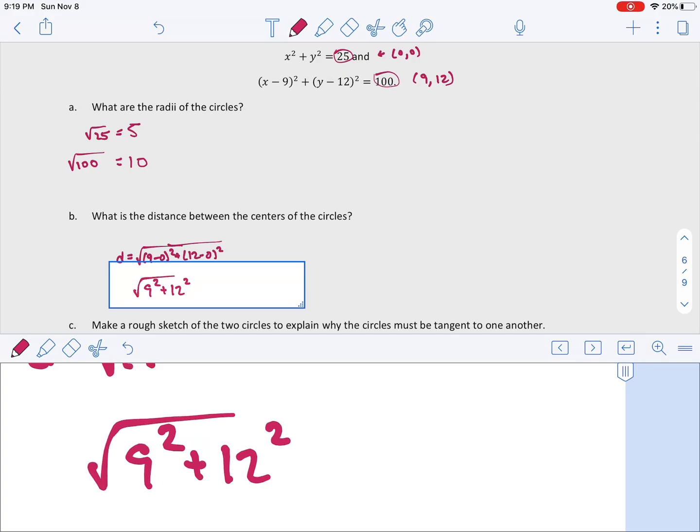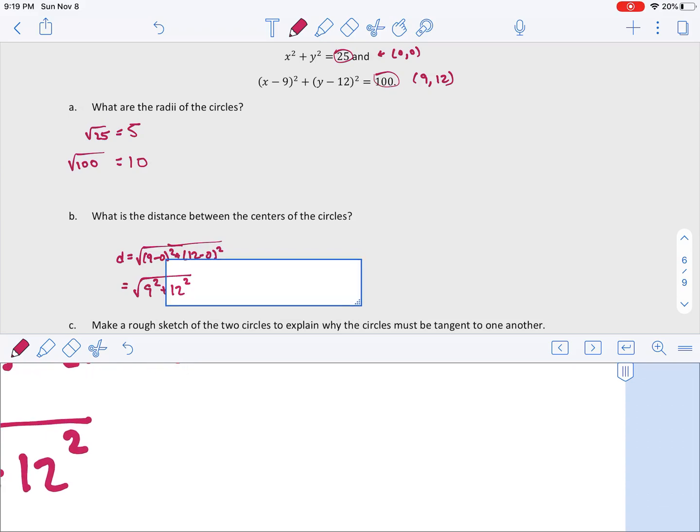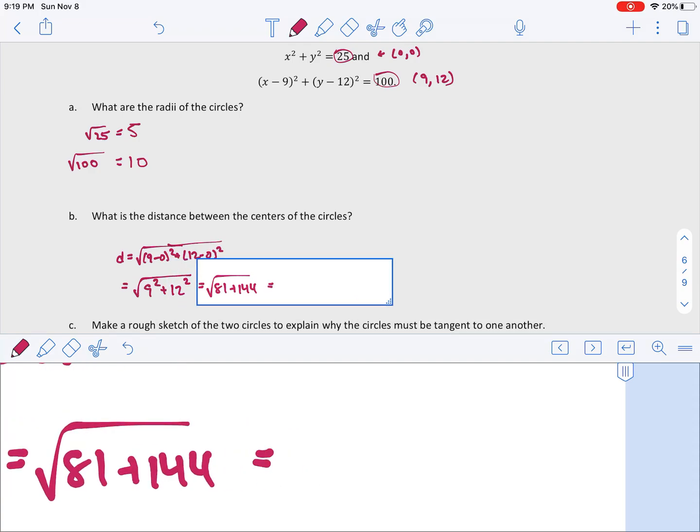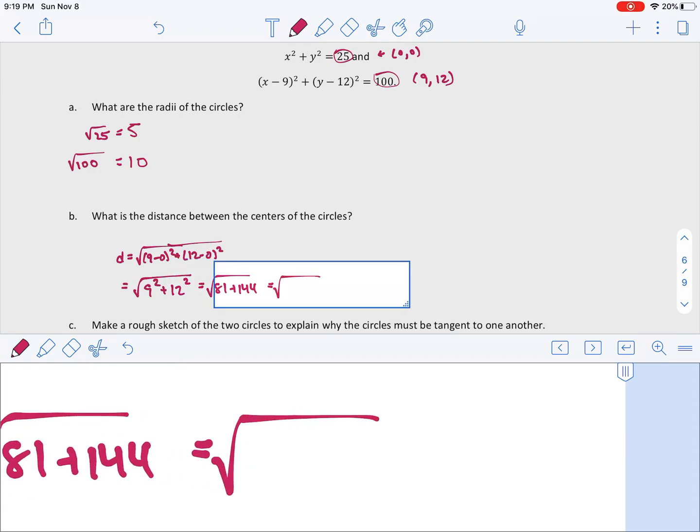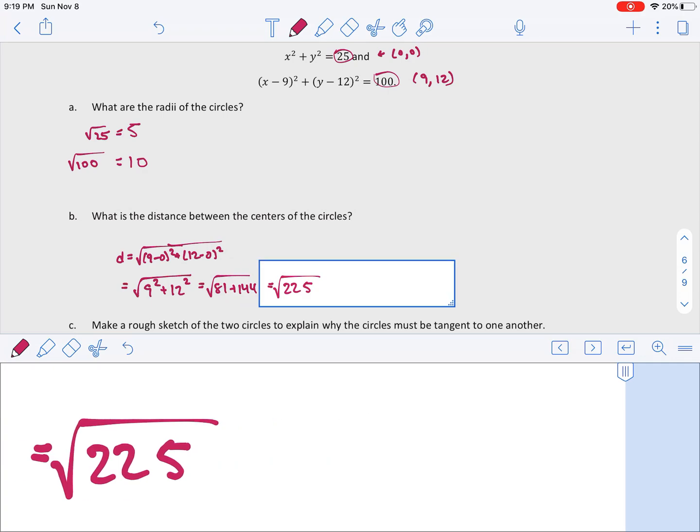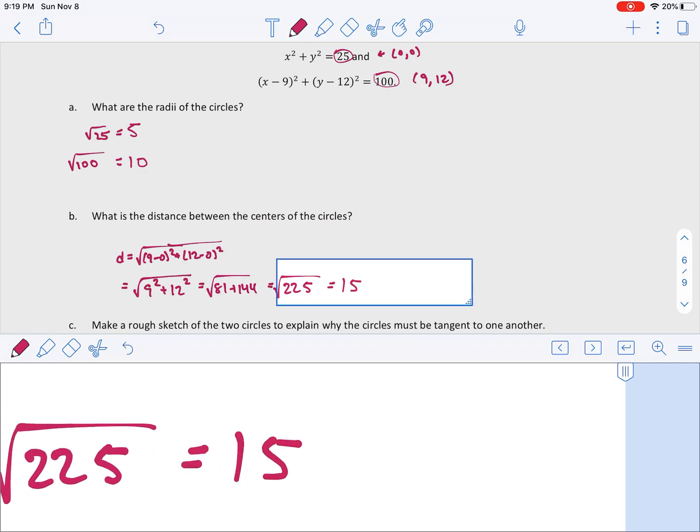Those of you who know your Pythagorean triples might already be at the answer, but I'll still work through all the math. 9 squared is 81. 12 squared is 144. The sum of 81 and 144 is 225, and the square root of 225 is 15. So the distance between the two circles is 15.